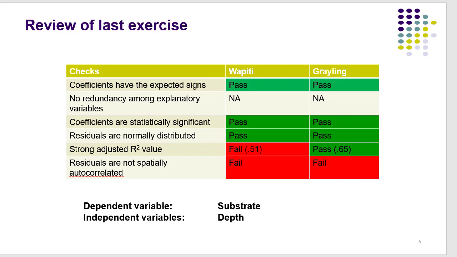So the dependent variable again was substrate, and the independent variable, essentially depth, is what the best model fit was for this. In the OLS, you see very different results, especially the adjusted R squared. So we have some really low values, obviously, with this particular test checks.